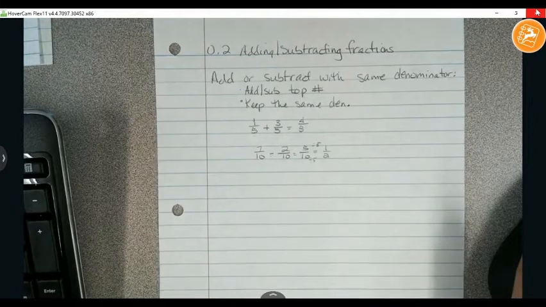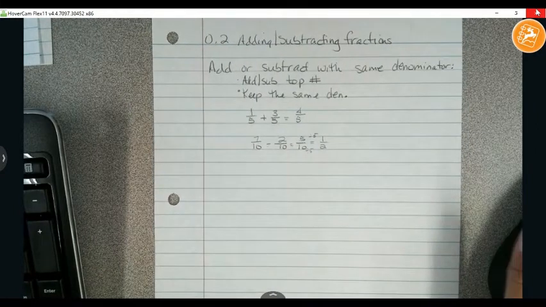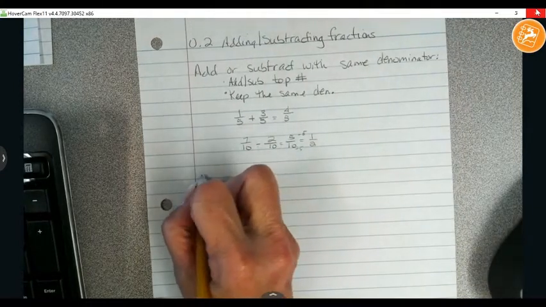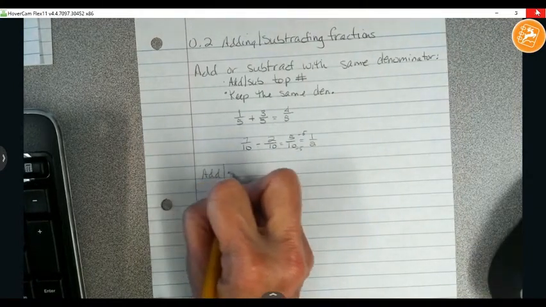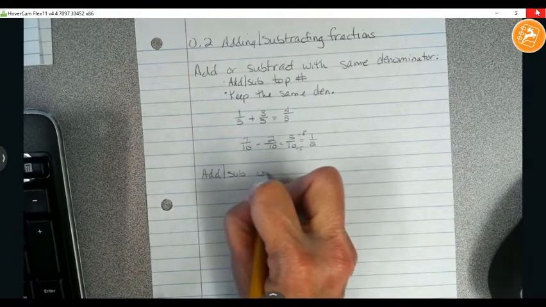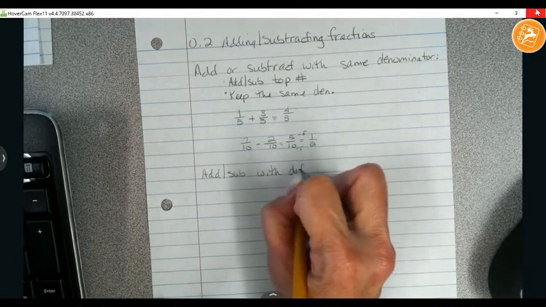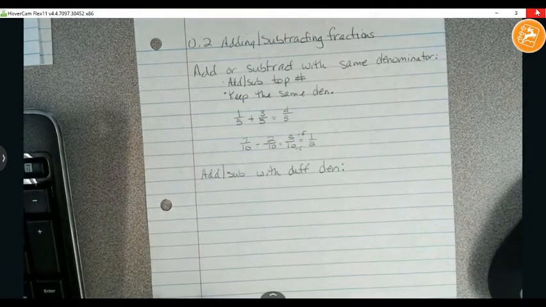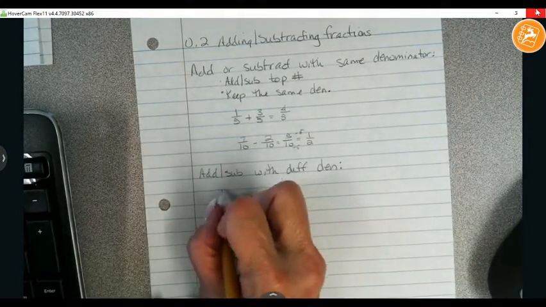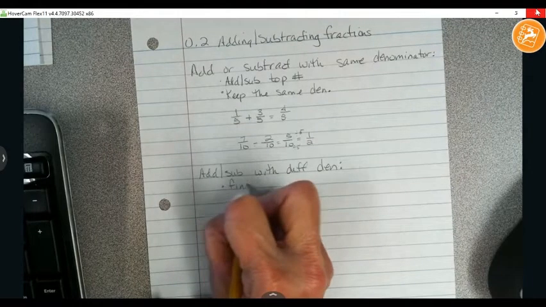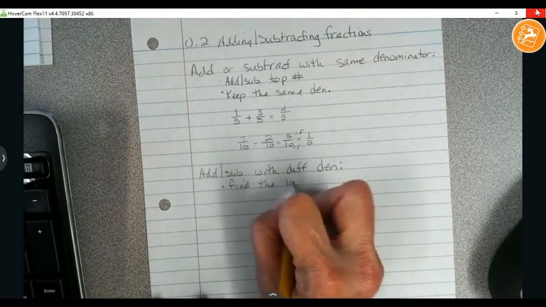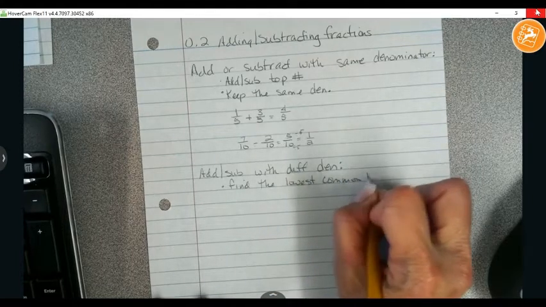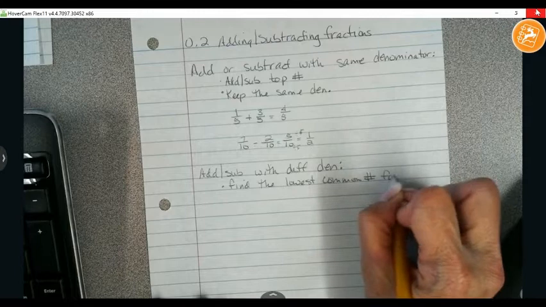Okay, the second kind of fractions that you might add or subtract have different denominators. So add, subtract with different denominators. In order to do this, you need to find the lowest common number for the denominator.